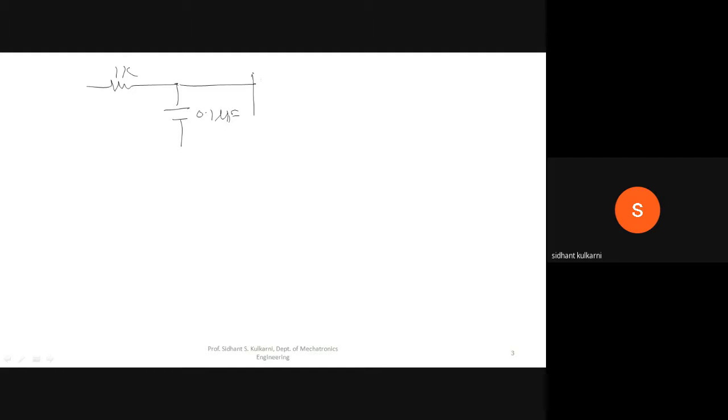It is given to the non-inverting input terminal, with the inverting input terminal connected like this. One resistance is connected with respect to ground, and the tapping is taken. Let's say this is 1K, this is 10K resistance, and this is the non-inverting input terminal.